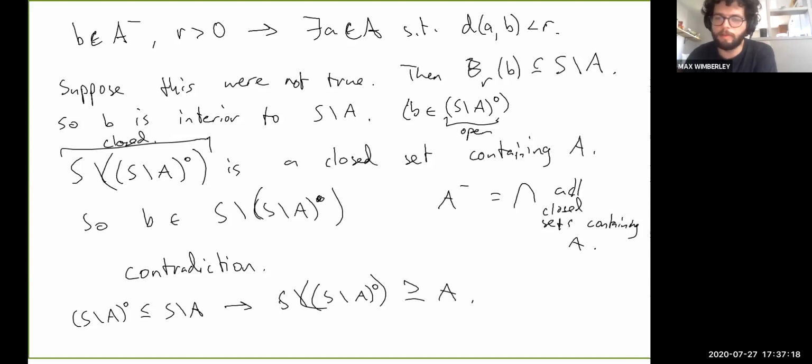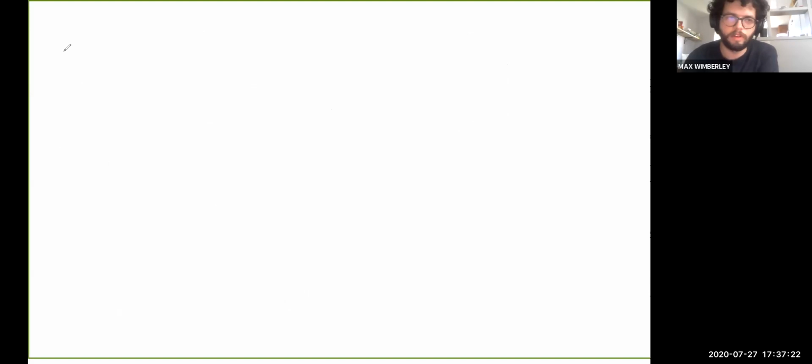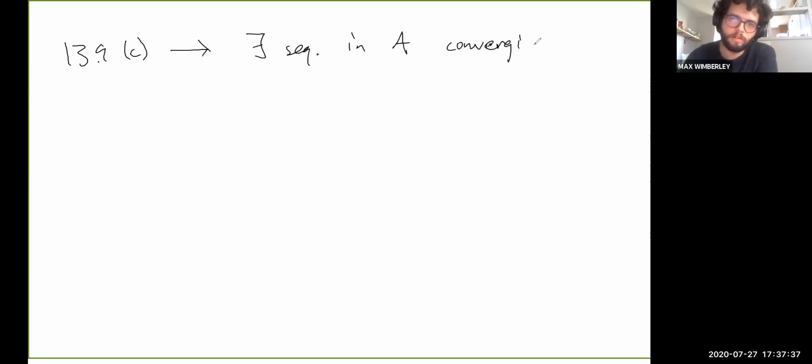I kind of prefer this honestly, but by 13.9c, you could also say there exists a sequence in A converging to B, right?